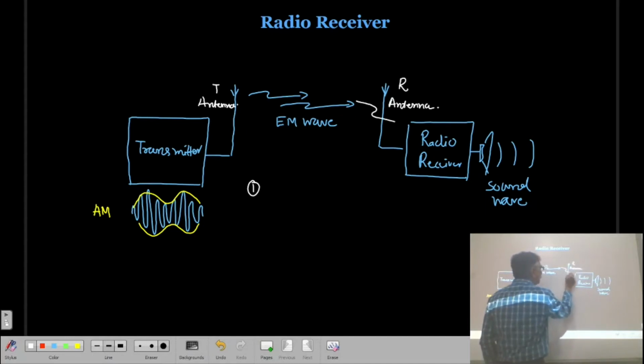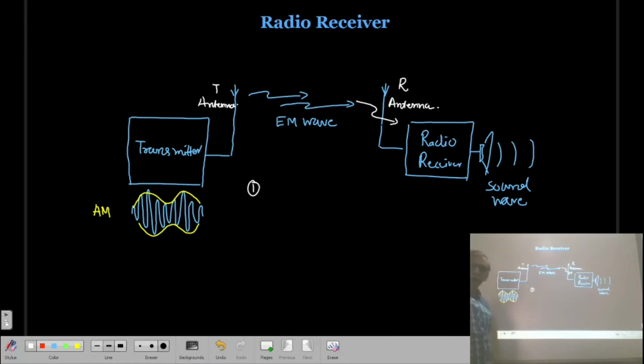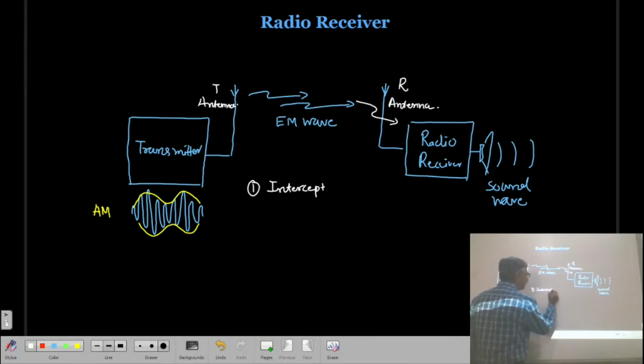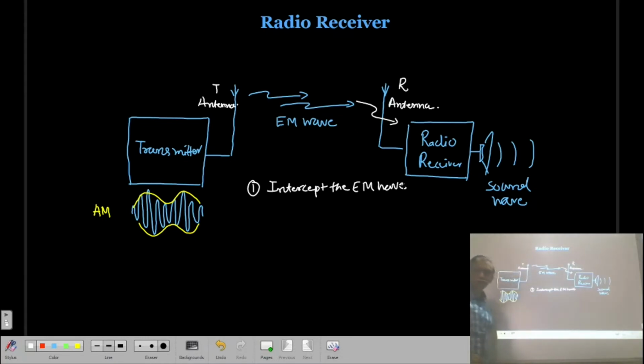Now, when this electromagnetic wave intersects this antenna, it will produce an electrical signal. So, the function of the radio receiver is that it will intercept the electromagnetic wave.